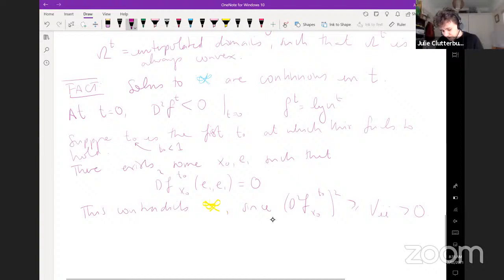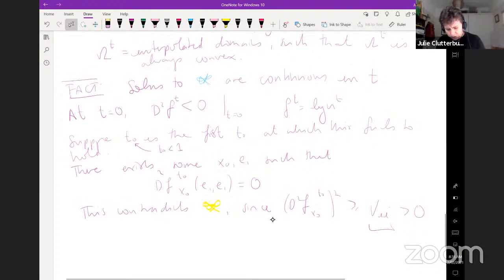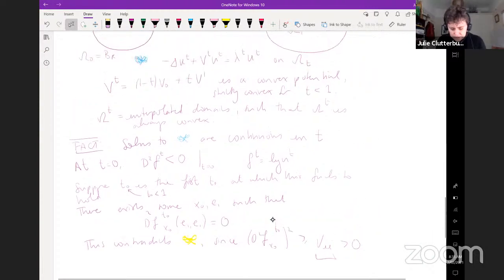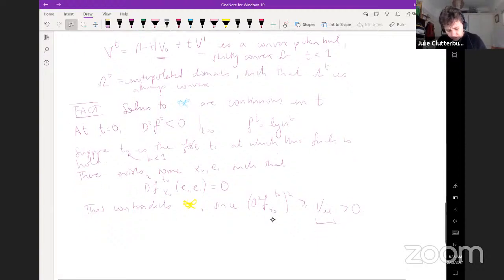We might not have strict convexity at t equals 1, because we're not assuming that the V we're interested in is strictly convex. If we look at the way we defined V, we can see that as long as the V we're interested in is convex, and our original V naught, which was like x squared, is strictly convex, the strict convexity will go across for all t less than 1. Okay, so then we're done.